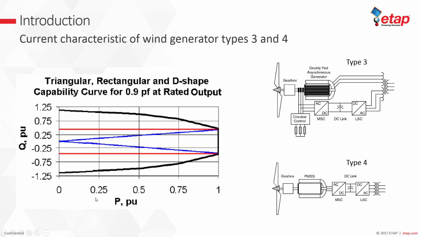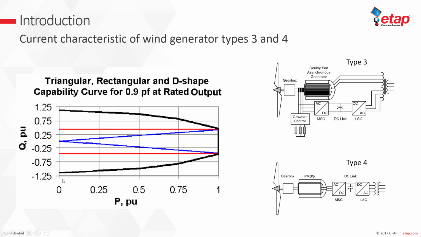But in the newer generation, especially when there is an inverter between the WTG and the system, the full reactive power support is still available at zero or no active power generation. So this is a D shape, as you see that even at zero active power you have all your reactive power support.